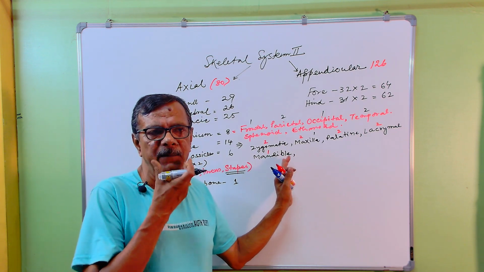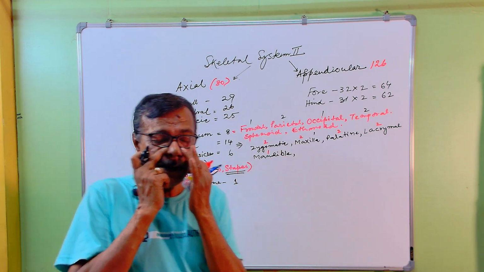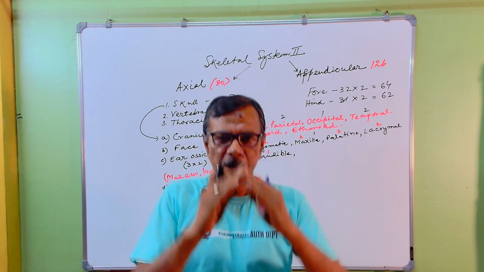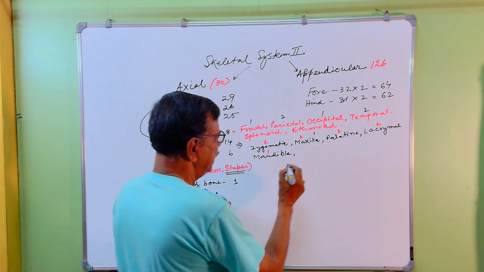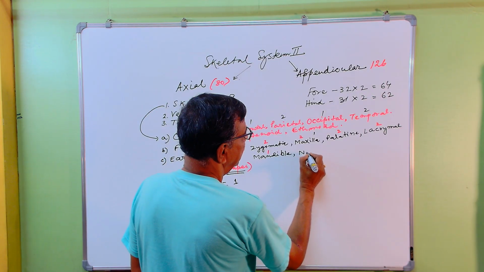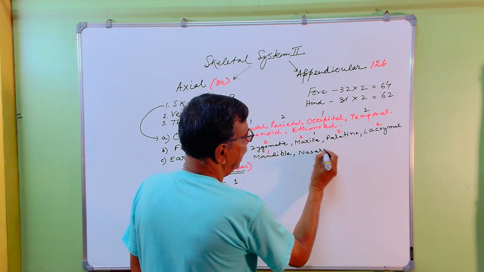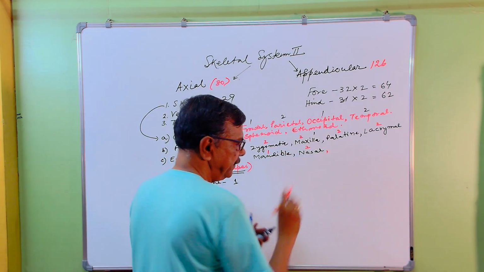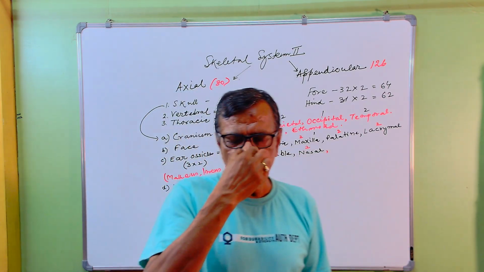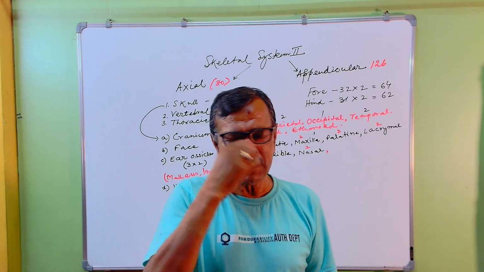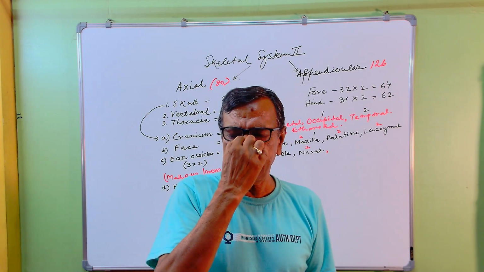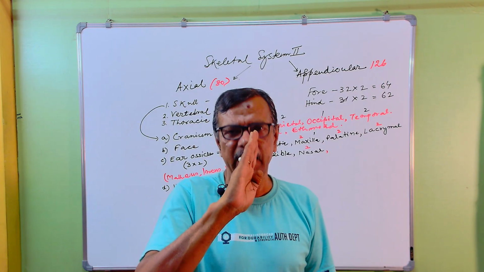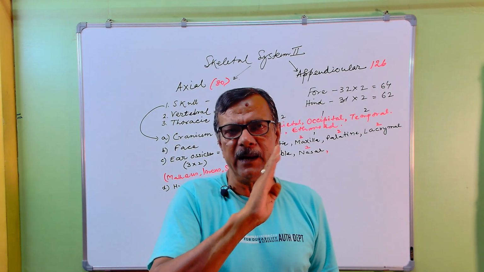Then after the mandible, you come to the nose. There are two bones here, on the right side and the left side. These are the nasal bones, 2 in number. Then there is cartilage, and after this there is a bone like a plowshare, which I told you earlier.